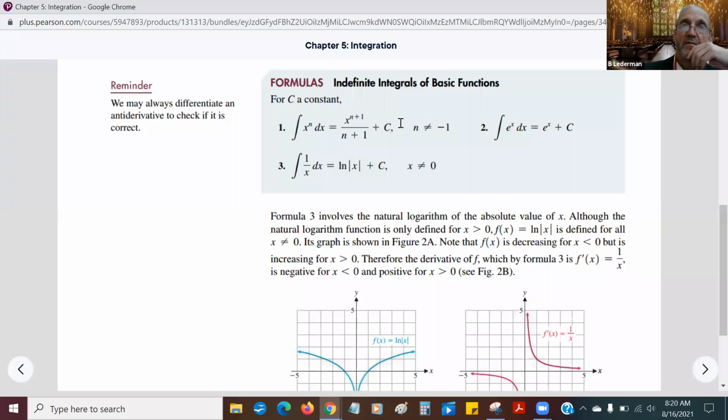Notice it says n does not equal -1, because if n was equal to -1, that would be x to the -1 power, which is 1 over x. And the integral of 1 over x we know is ln of the absolute value of x. The reason we put the absolute value is because a logarithm is only defined for positive numbers, so we make sure that inside the ln is a positive number.